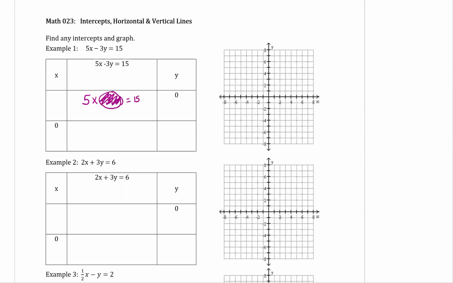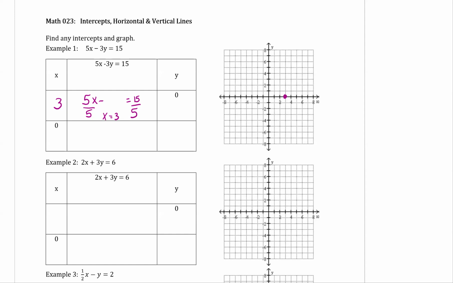So I just cover it up, or I erase it. Then I just have 5x is equal to 15. Divide both sides by 5. x is equal to 3. So that gives me the ordered pair (3, 0).